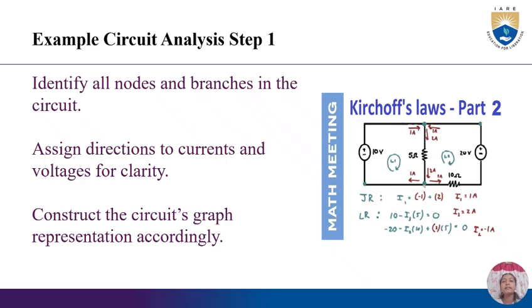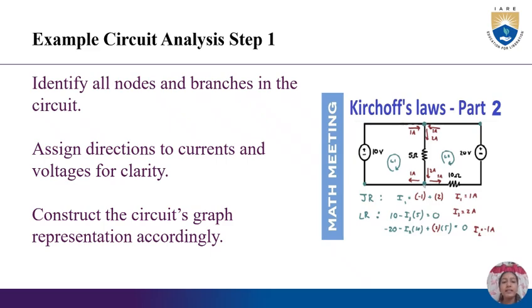So here are some examples for circuit analysis. In circuit analysis, there are three steps. Here is step 1. Identify all nodes and branches in the circuit. The first step we should do is to identify. We must know how to identify nodes and branches in the circuit.